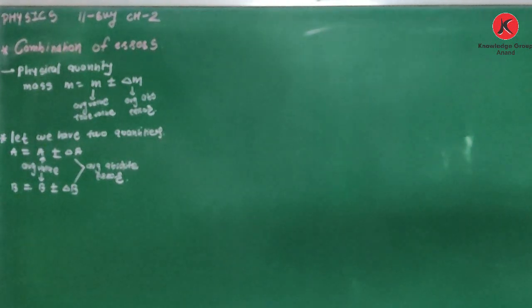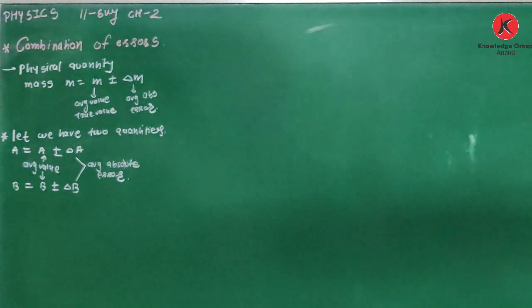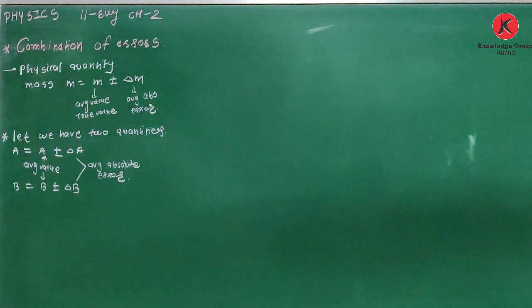What is A? What is B? What is delta A? And what is delta B? A is the average value or true value of the first quantity, B is also a true value, while delta A and delta B are average absolute errors. Clear about this? You have to remember this one.